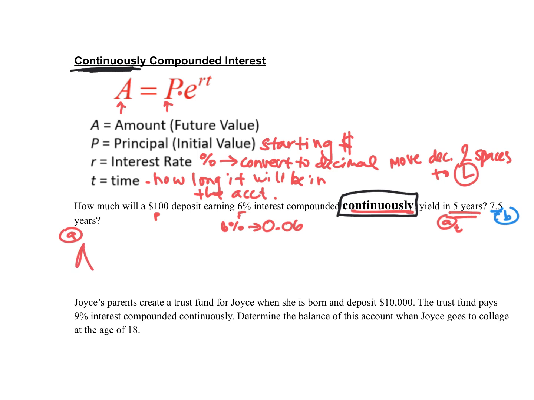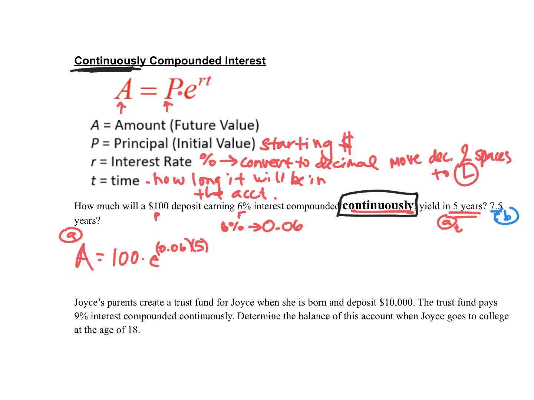So what we have is A, because we're figuring that part out, we have $100 that we started with, times E, which is a number again, but we're using E, of course, to symbolize the number. And then our rate was 0.06 times T, which is 5. Okay?